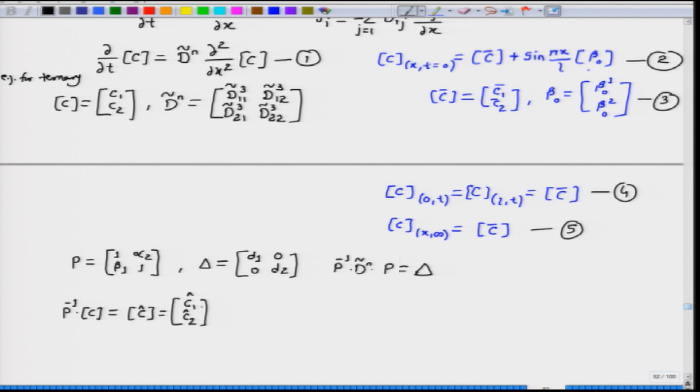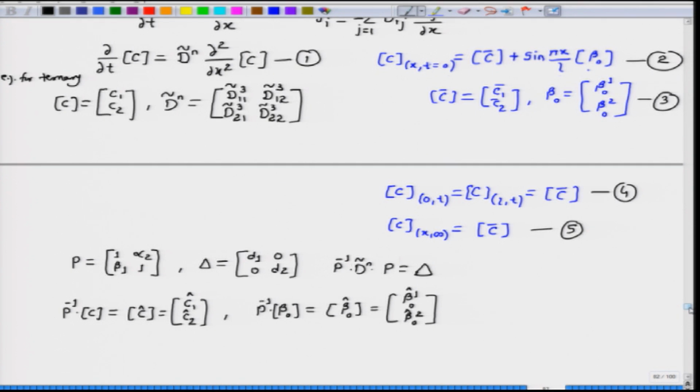These are the concentrations in the new basis, that is cap basis. Similarly, P inverse times the matrix of beta 0 gives me the matrix of beta 0 cap, which is again a column matrix of amplitudes in the cap basis. So, beta 0 1 cap, beta 0 2 cap.